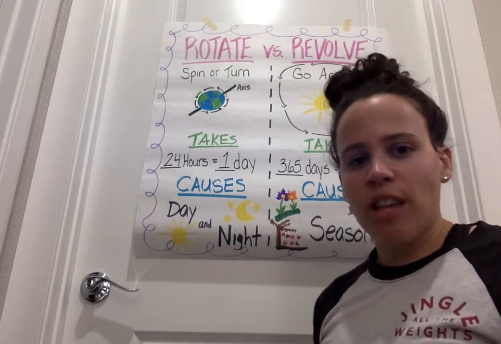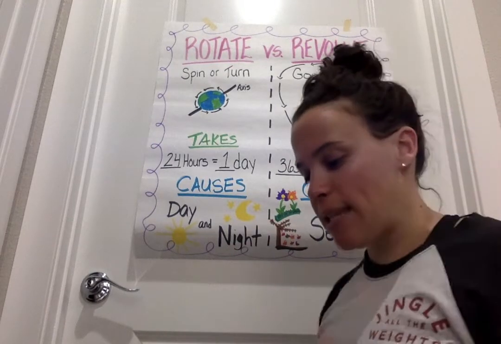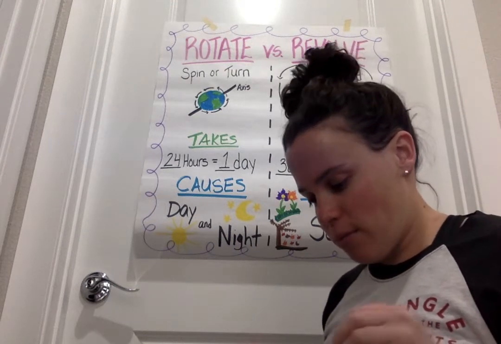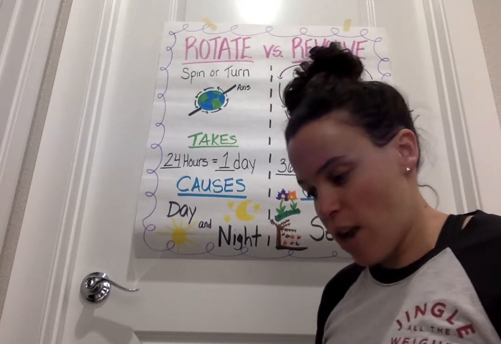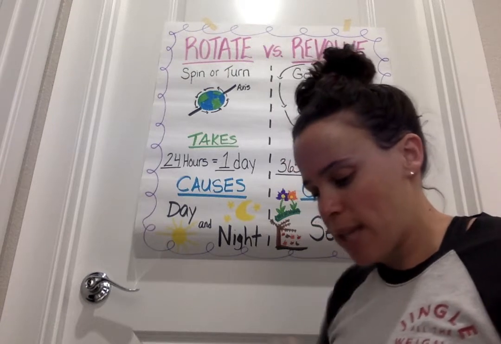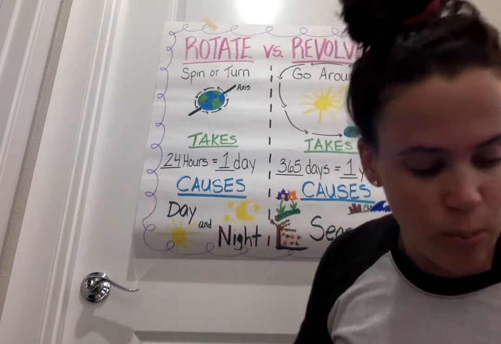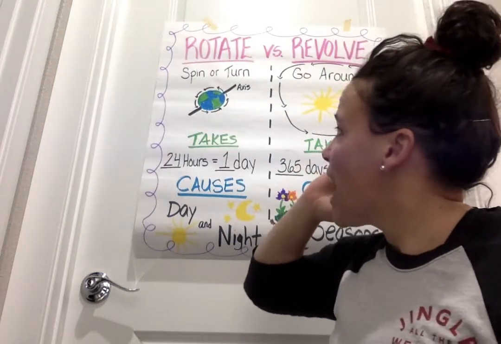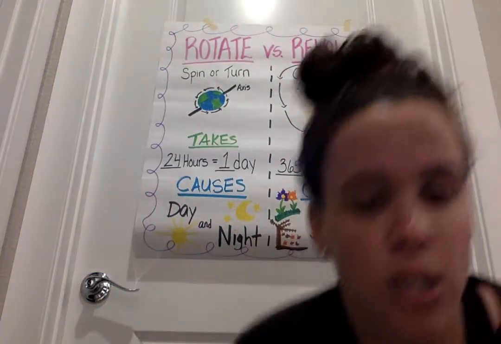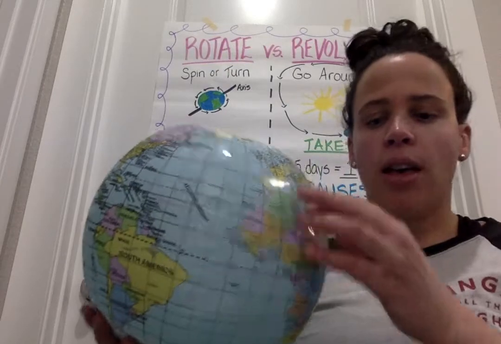So imagine yourself, and you can do this now, standing in one place. You're not going to move. You're going to keep your feet in one place, but you're going to spin. That's what the earth is doing on its imaginary axis. So take the earth, for example, and put an imaginary axis through the top, coming out the bottom.